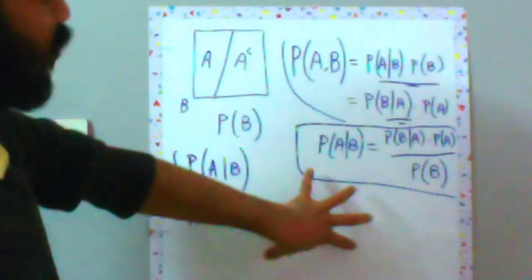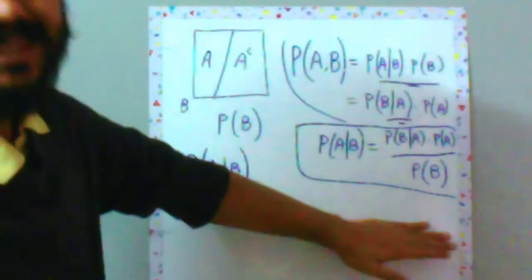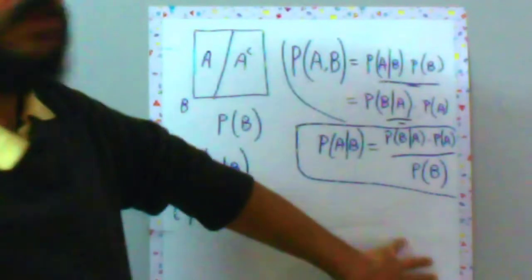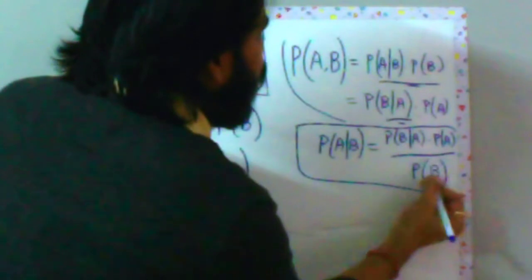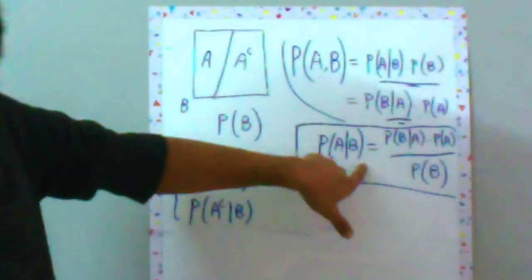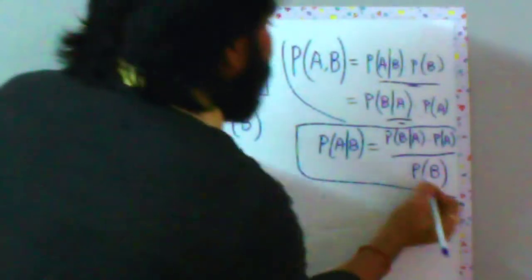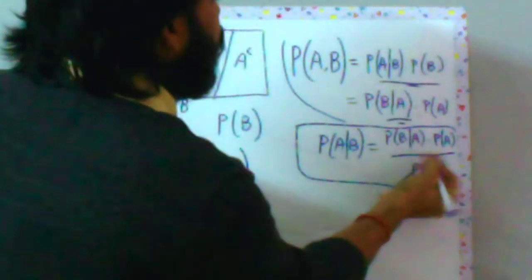This is our standard Bayes' theorem, with one modification: if you do not know P(B), you cannot get the value of P of A given B, so we need to calculate it completely through these terms.